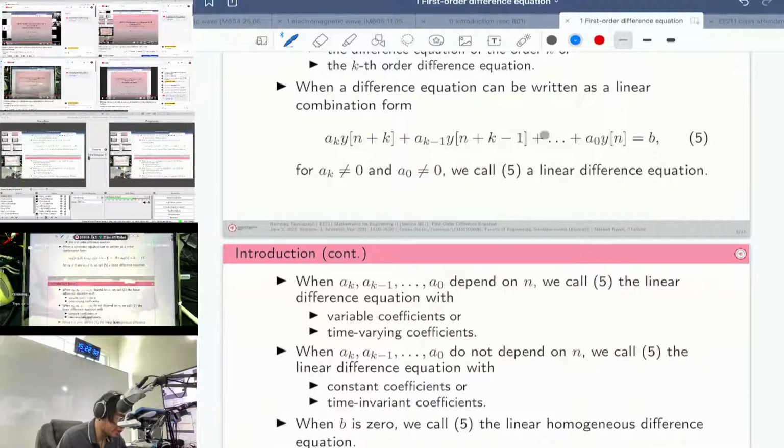Okay, the coefficients a_{k-1} until a_0 here are not all constant.